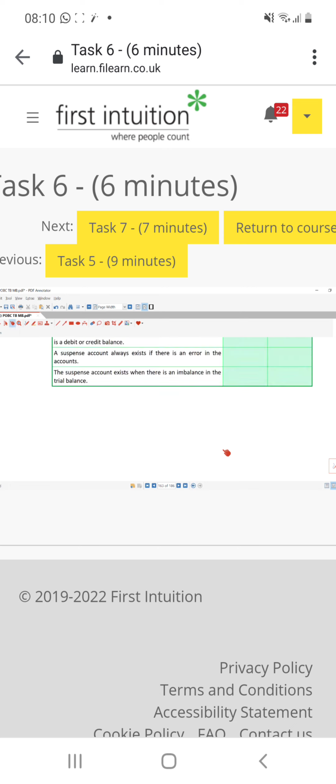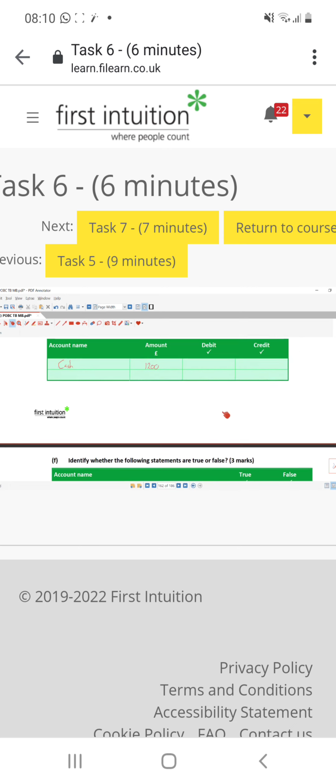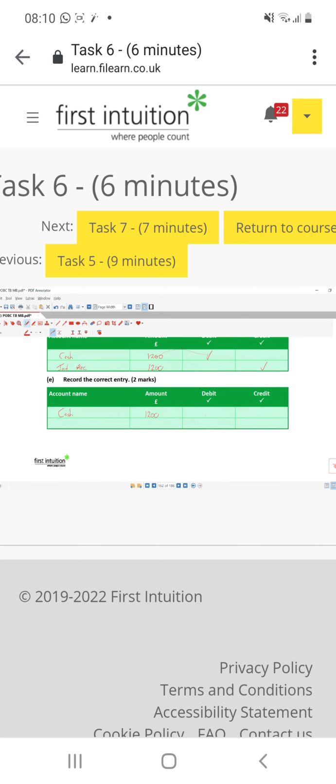So still it will be £1,200 debited to cash and £1,200 credited to interest received. Just so the two: one is to cancel out the original transaction, the second is to post what should have originally been posted.